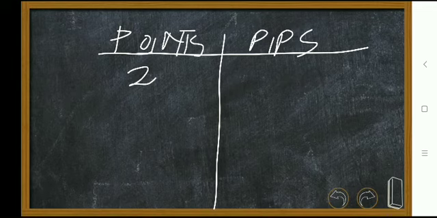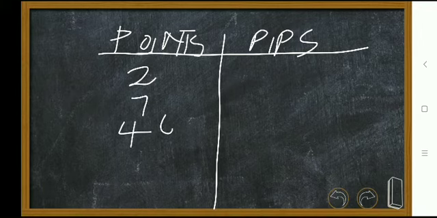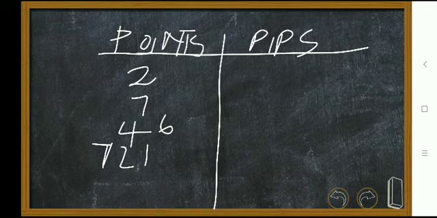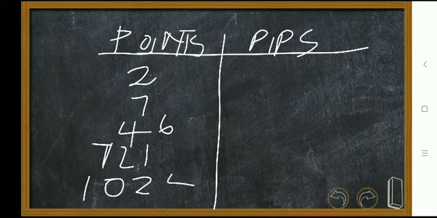Say 2, say 7, say 46. This time we should go with 721. I'm selecting random numbers here. Let's say 1024.